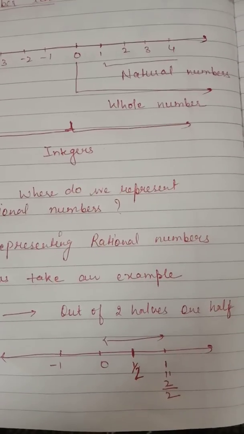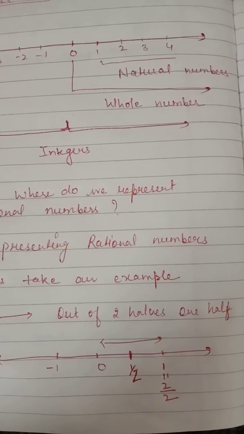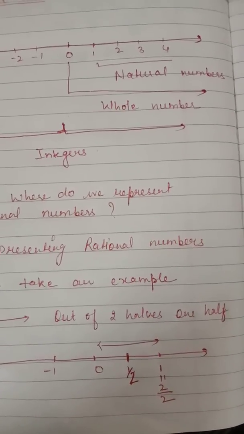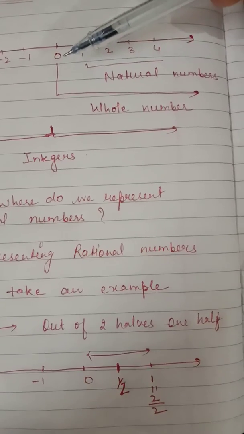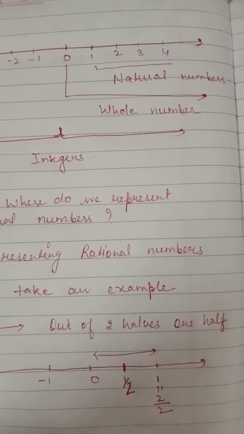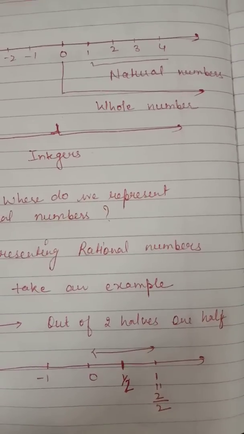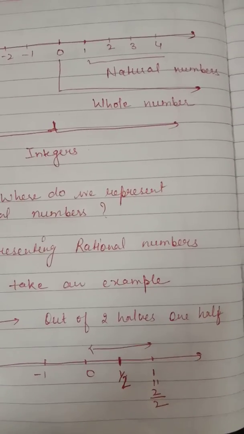So the answer of this question is also yes. You can see your number line here: 0, 1, 2, 3 and 4. So all these numbers are the whole numbers. So we can represent whole numbers on the number line.